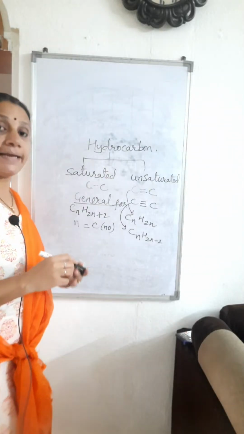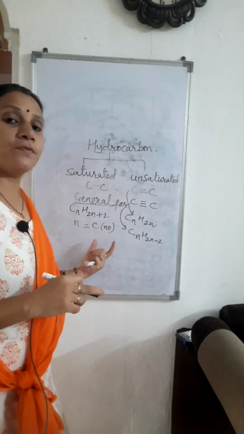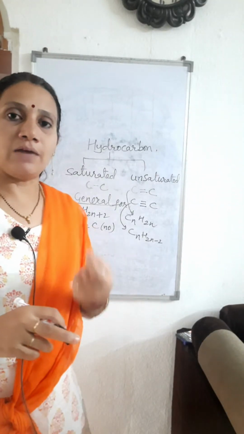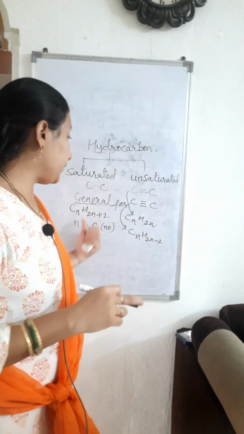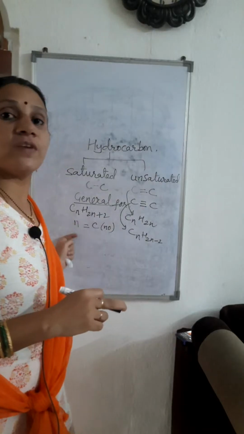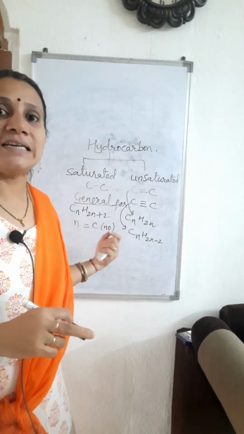So this is the second important step which you need to learn prior to starting this chapter. Whenever we learn a certain language, alphabets are very important. In carbon and its compounds, these are the basic alphabets. Once we know the alphabets, we can frame sentences and words very easily.